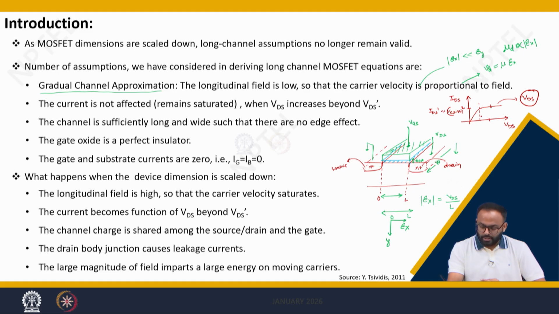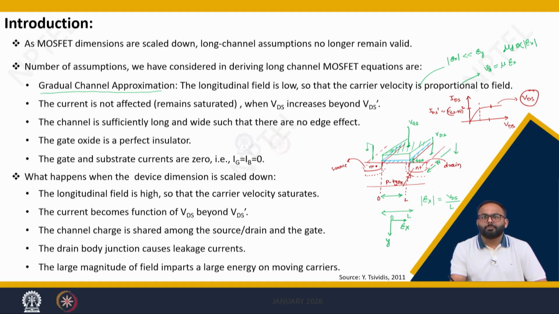The third approximation we have considered is that the length is so large such that the edge effects are neglected. What are edge effects? We have already said that this is an n plus region, the source is an n plus region, and the substrate is p type. So, obviously there will be a p-n junction, and when you apply the voltages at the source and drain, you are ultimately making a reverse bias p-n junction, because if you connect Vds positive, it will be the n side and this will be the p side.